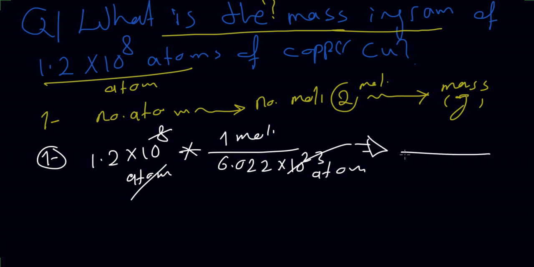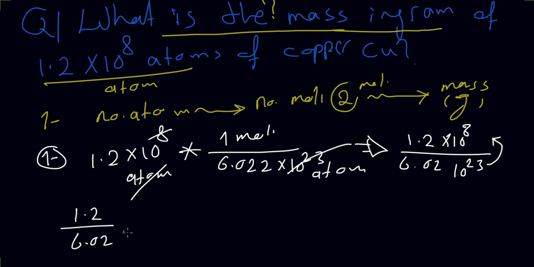You say 1.2 divided by 6.02. Okay, you have 10 to power 8, you have 10 to power 23, so you will just upside down, raise it to denominator. You say 1.2 divided by 6.02 multiplied by 10 to power 8 minus 23.